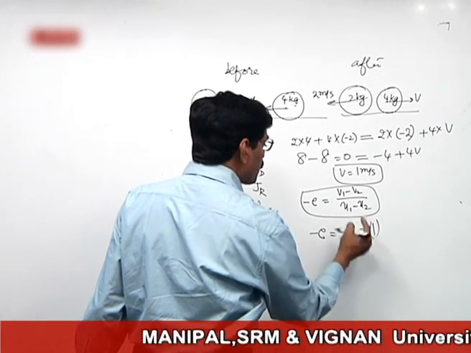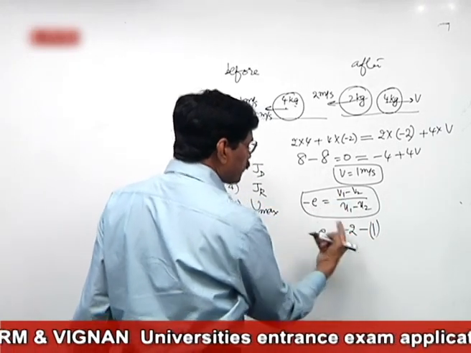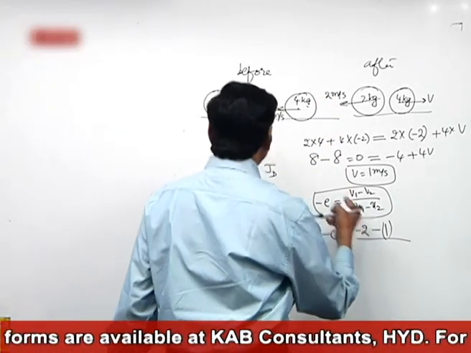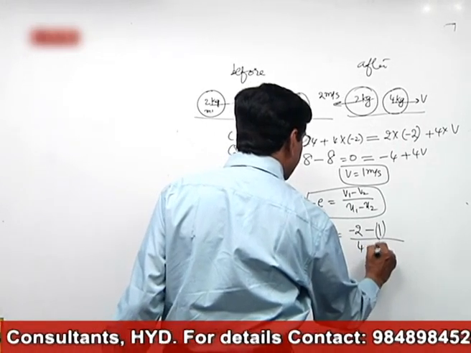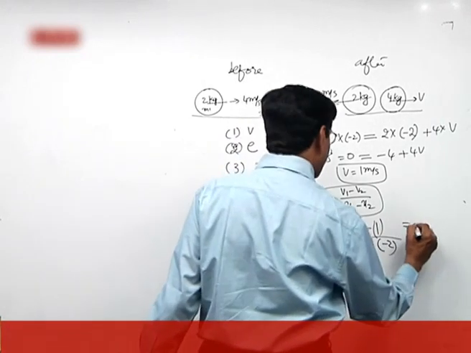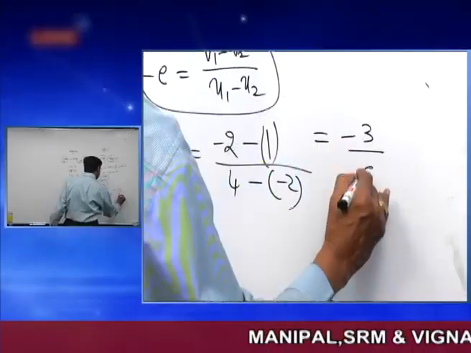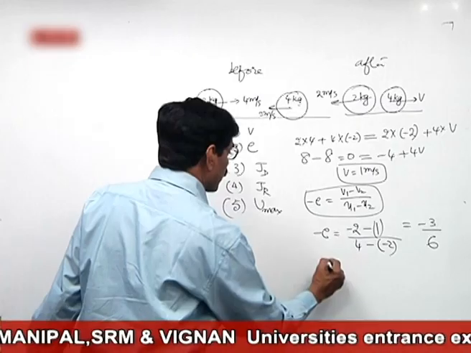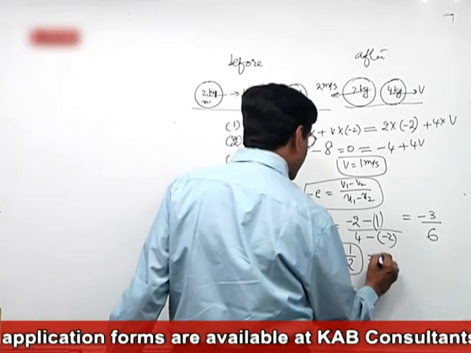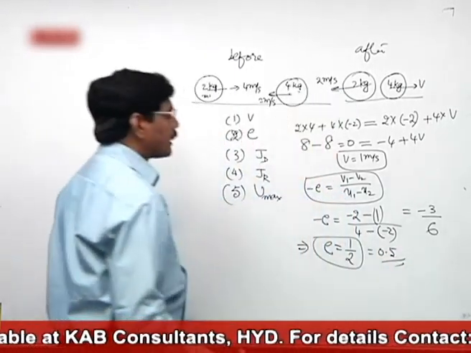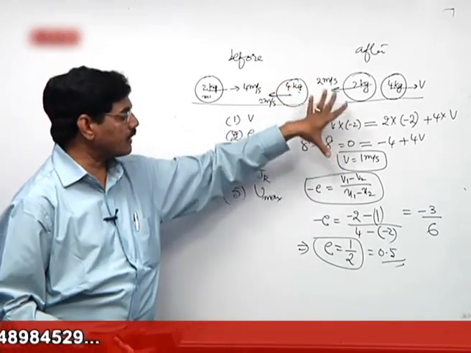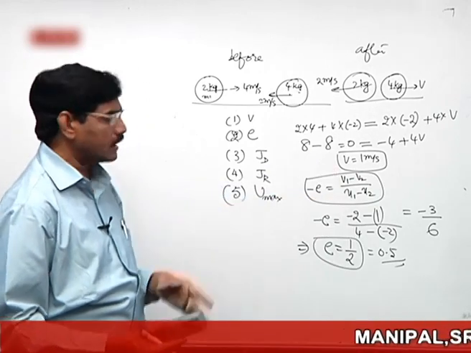In the denominator, u1 is 4 meters per second towards right, minus of minus 2. So this is equal to minus 3 by 6. Therefore, e is equal to 1 by 2. The coefficient of restitution e is 1 by 2, that is 0.5. This is the calculation of the coefficient of restitution in this collision. Because it is a head-on inelastic collision, we can write the formula like this.